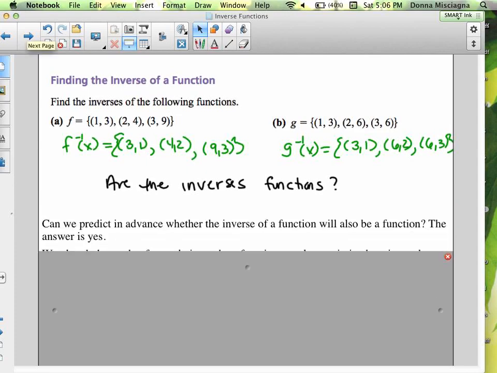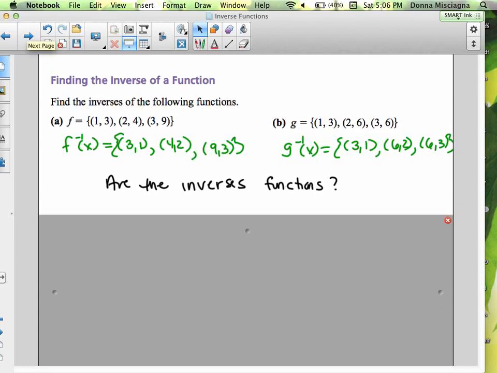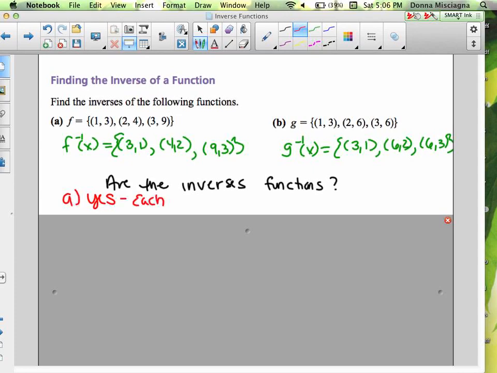Before I scroll this down, let me answer my question. Are the inverses functions? On A it was a yes, because each x is paired with only one y value.